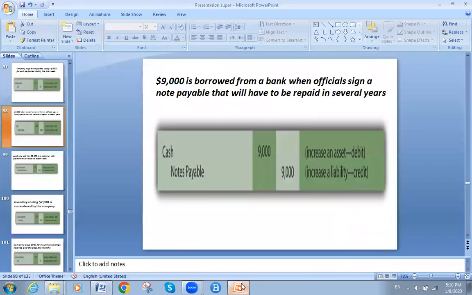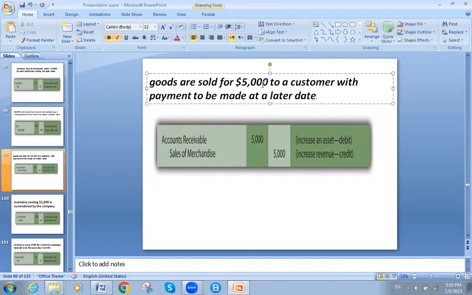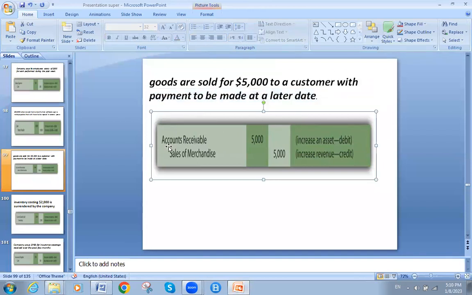Let's move forward here. I'm just looking for a transaction including, look at this: goods are sold for 5,000 to a customer, right? With payment to be made on a later date. So from account receivables to the sales, that is, if the client will pay later on.